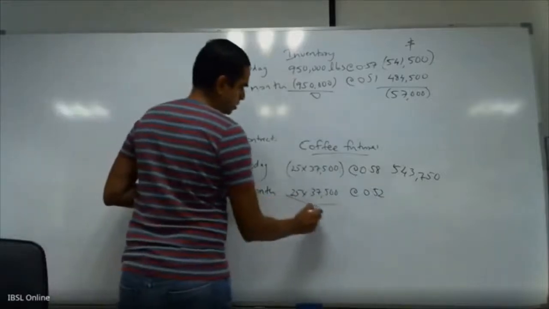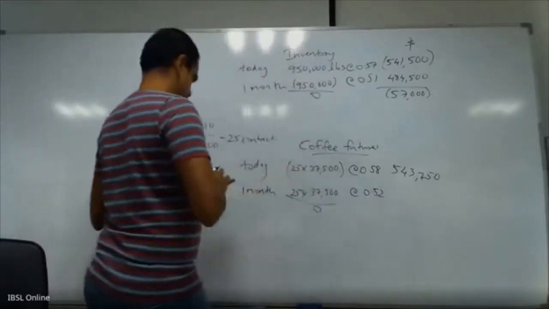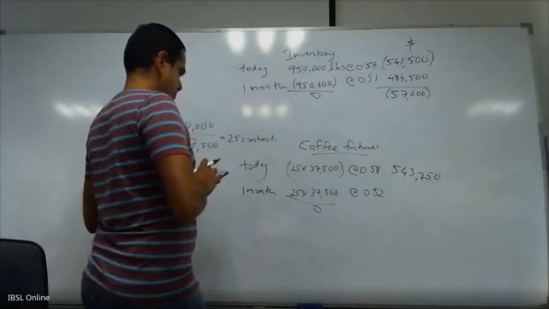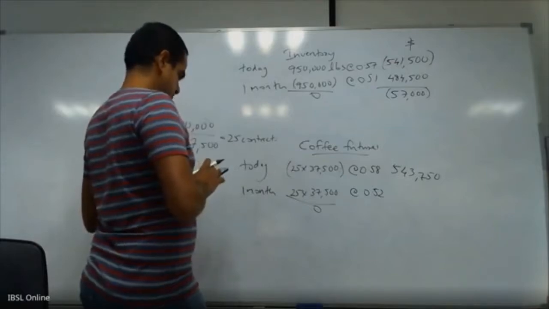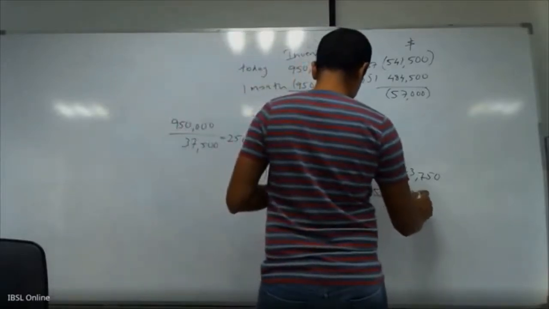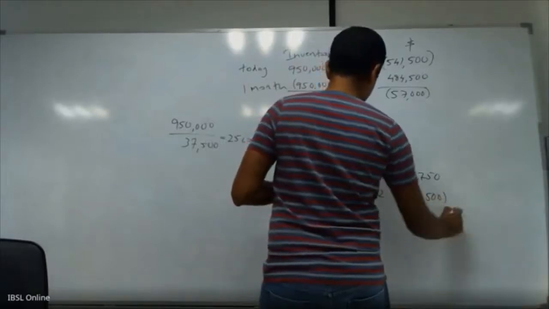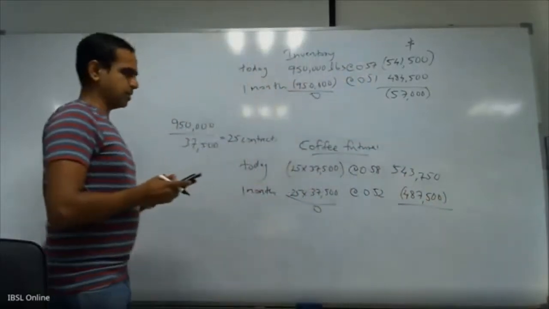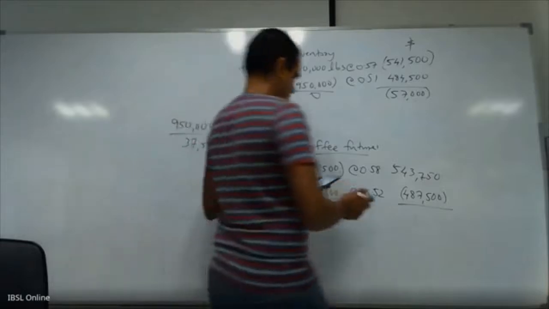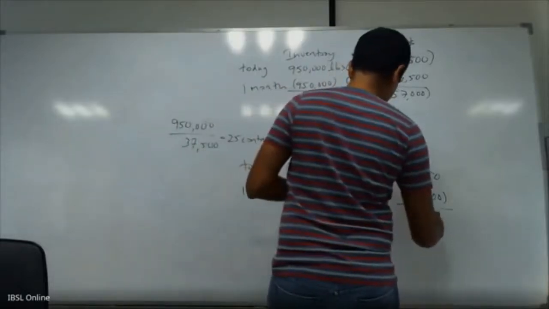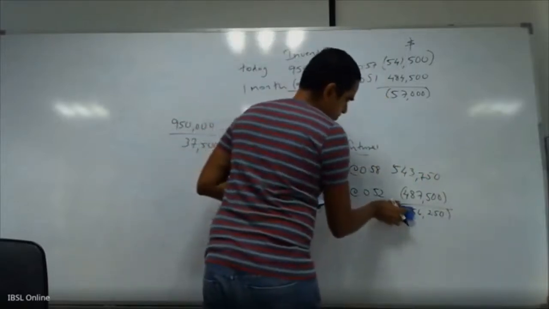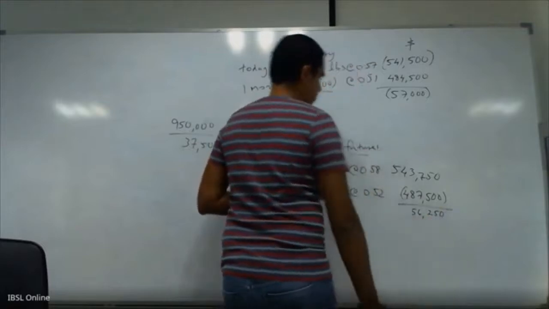Right, so the futures position is 0 and they will spend $487,500. So they make a profit of 56,250.